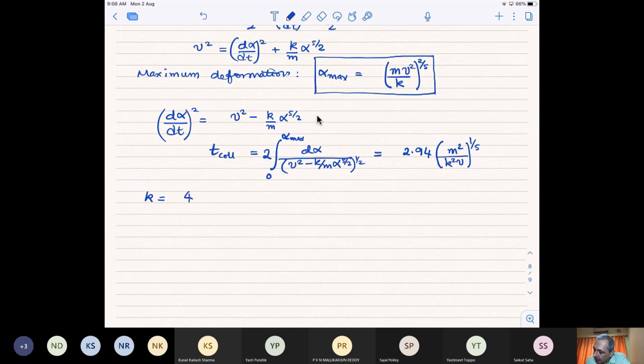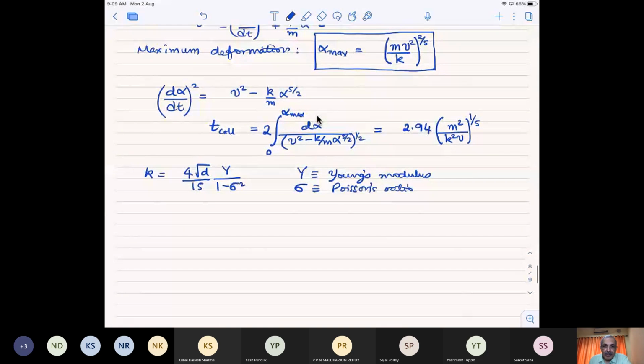So it is actually 4 times square root of d by 15 into y divided by 1 minus sigma squared, where d is the diameter, y is Young's modulus, and sigma is the Poisson's ratio. Okay, so these are all things that are available.